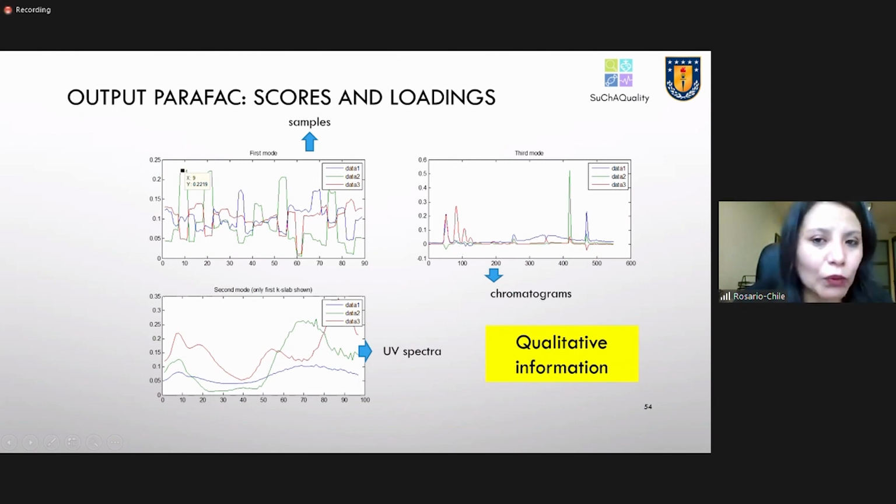So we need to improve these results and apply, for example, another constraint in PARAFAC, and say, okay, please give me a mathematical solution where the chromatogram has only 1 peak, no more, because this is 1 real component, okay? Because this is a mixture even.